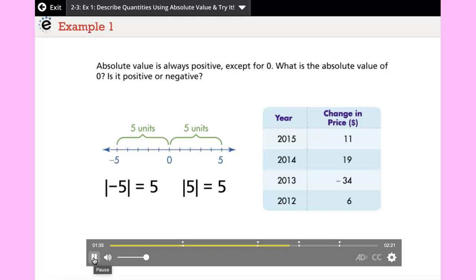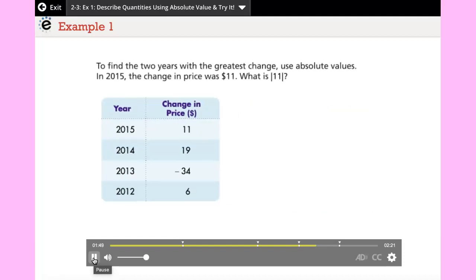What is the absolute value of 0? Is it positive or negative? Anybody can answer the question? Let's pause this video. The absolute value of 0 is 0, and 0 is neither positive nor negative. To find the 2 years with the greatest change, use absolute values. In 2015, the change in price was $11.